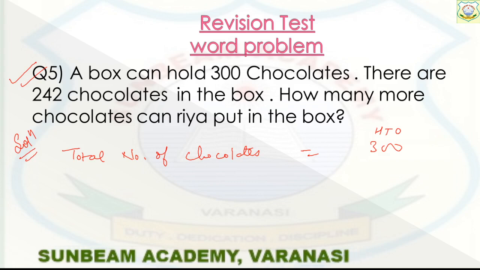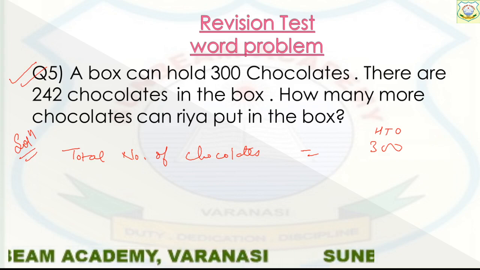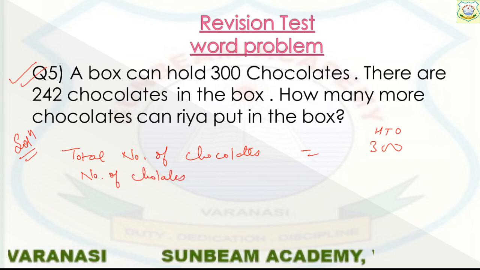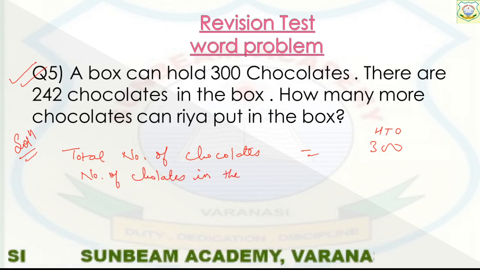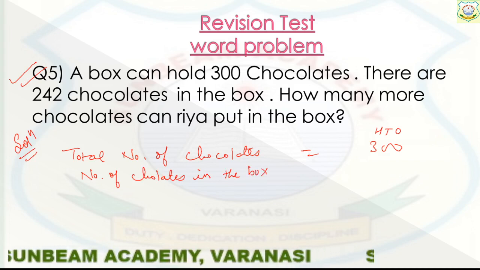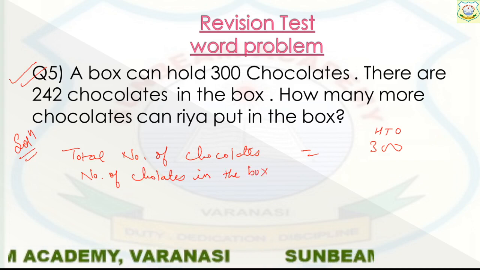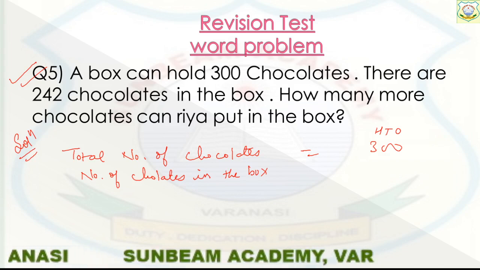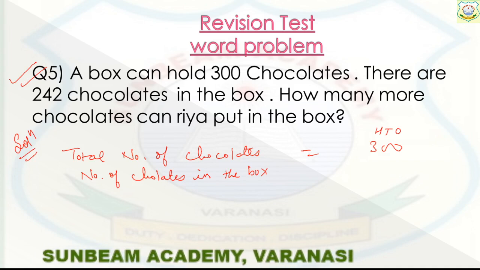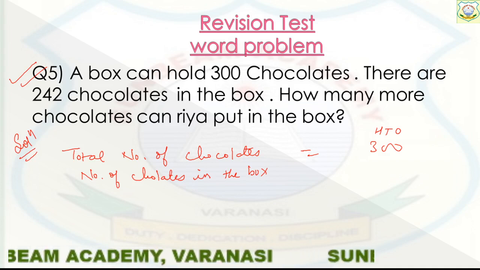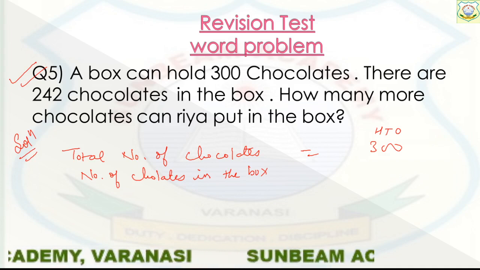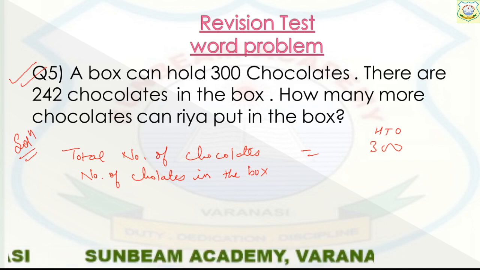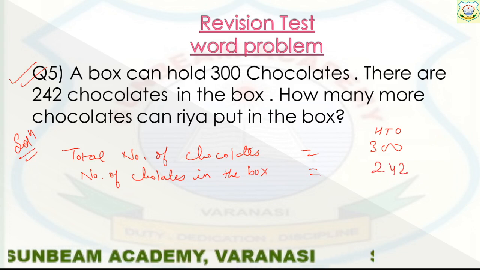Then there are 42 chocolates in the box. Number of chocolates in the box. Then how many? 242.